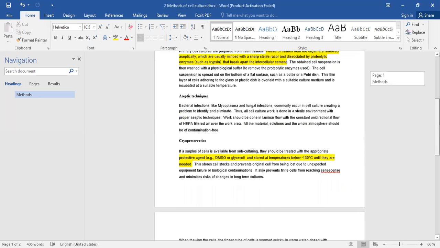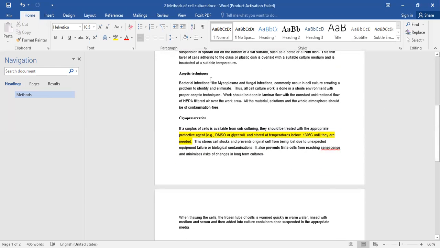What are the aseptic techniques that are used? Aseptic techniques are the avoidance of fungal culture and bacterial contamination. How can we eliminate and remove them? We can avoid these microorganisms by aseptic techniques, such as using antibiotic solutions in our media.